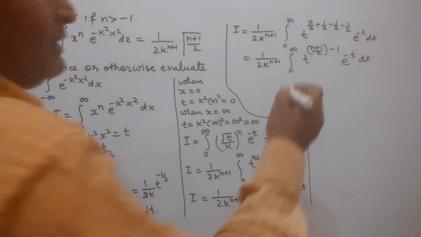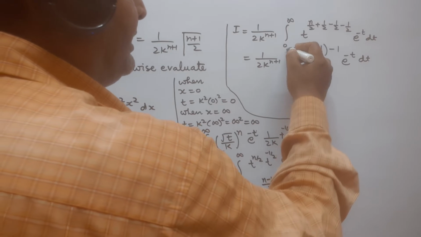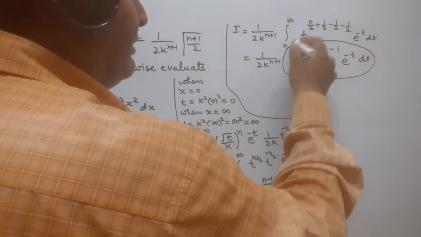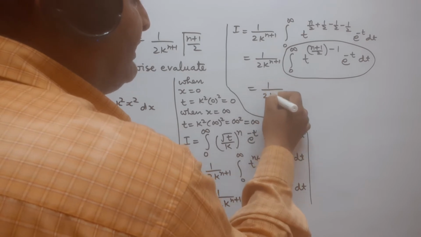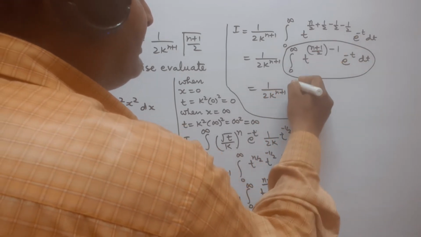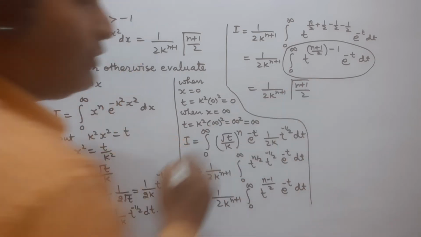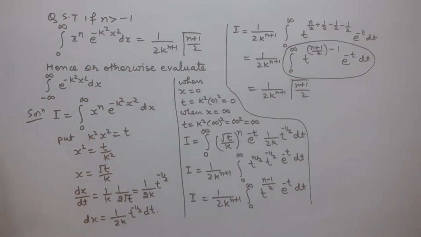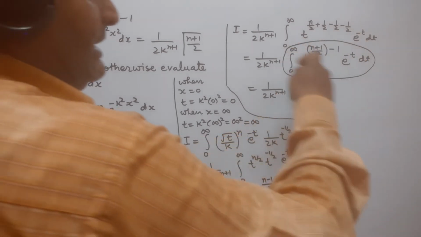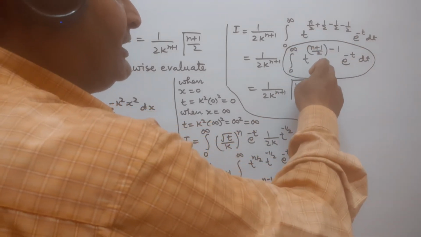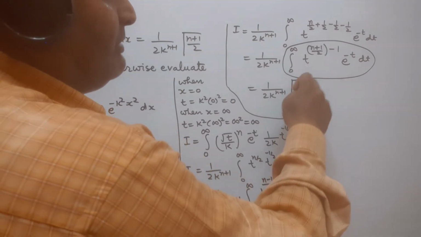So from the definition of the gamma function, this integral can be written as gamma of (n plus 1)/2. आप देख सकते हैं ये जो इंटीग्रल है ये गामा फंक्शन की डिफिनीशन से इक्वल होगा गामा (n plus 1)/2 के.